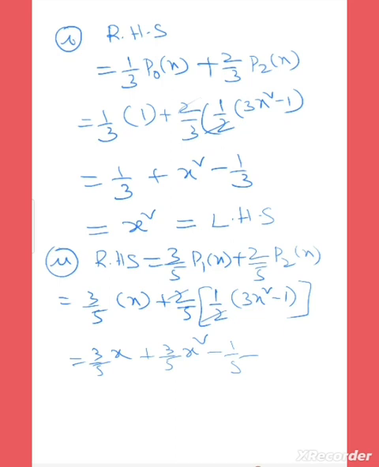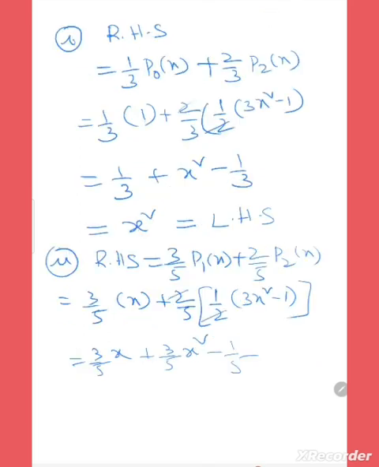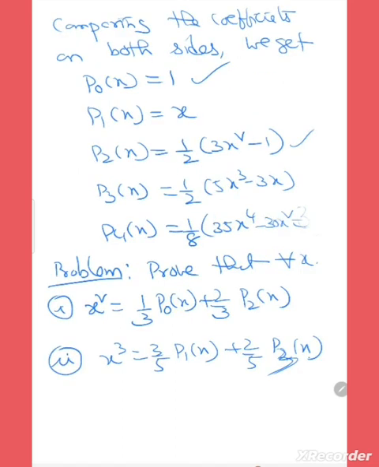Here it is not p2, it is p3. So it is p3. Okay, 2/5 of p3 of x. What is the p3 of x? p3 of x is equal to half of 5x cube minus 3x.